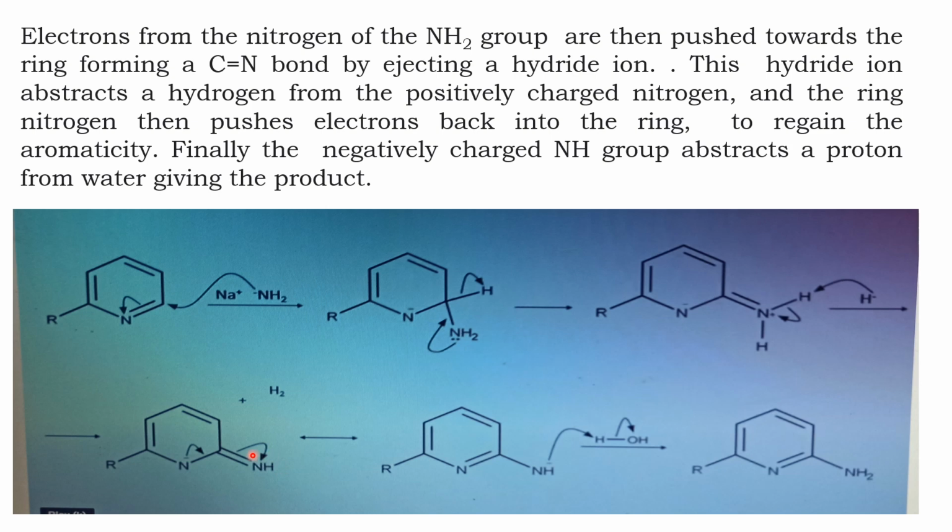See here, the positive charge has neutralized. Now, to regain the aromaticity of the compound, the lone pair of electrons present in the ring nitrogen is donated to the ring, so that carbon double bond NH gets polarized, so that the nitrogen gets a negative charge, which abstracts H plus from the medium to form the final product.